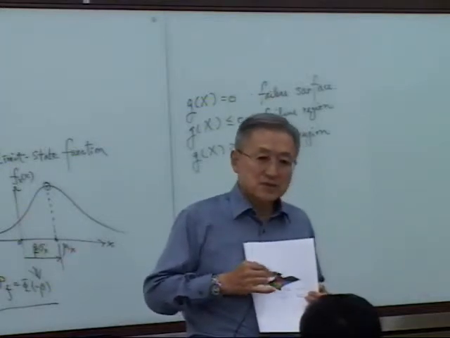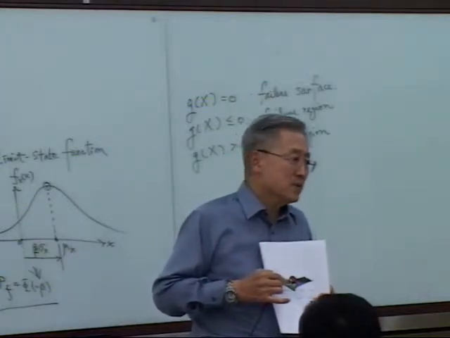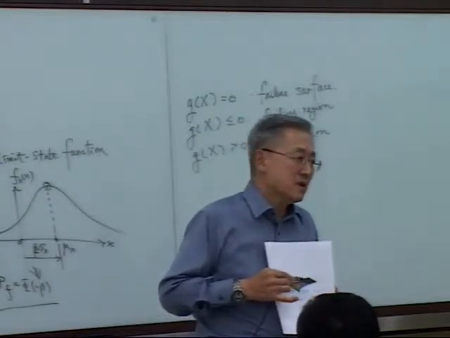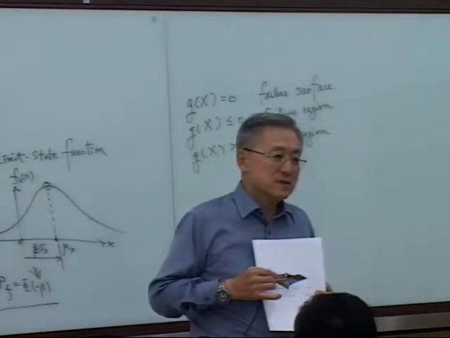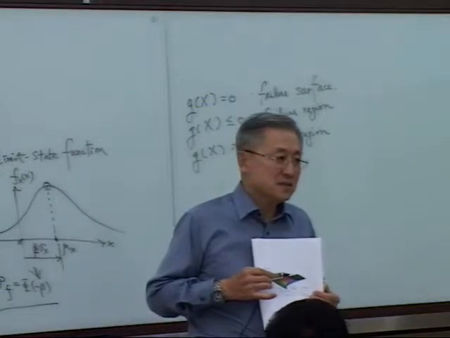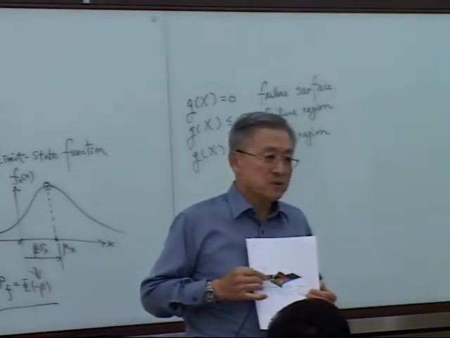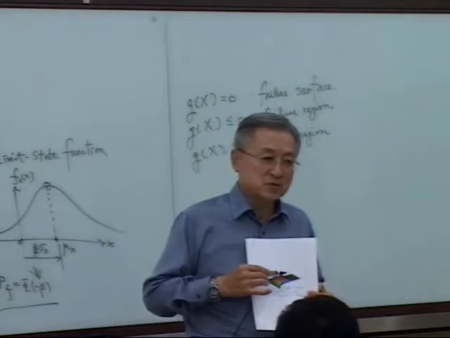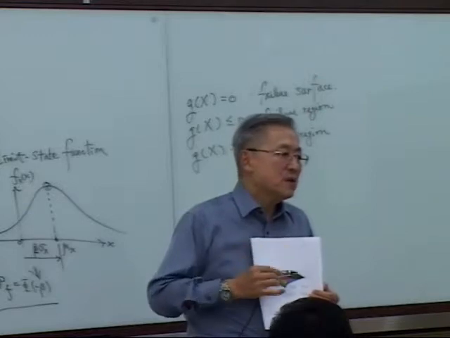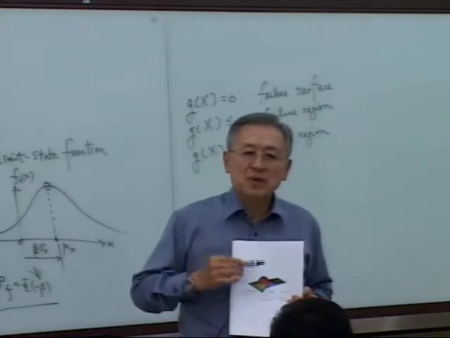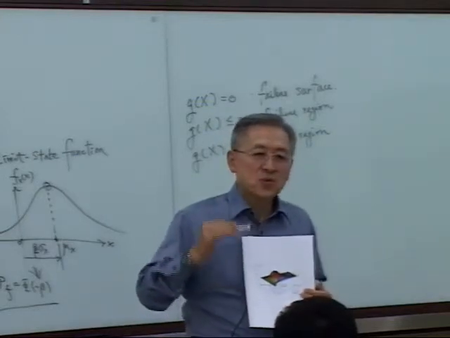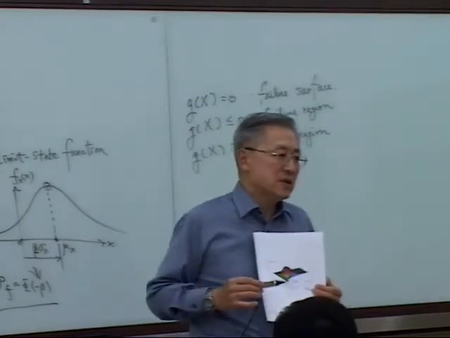Of course, this reliability or probability of survival has to be very large. Otherwise, your structure system is meaningless. So the probability of failure, especially for a structure system, has to be very small, because if the structure fails once, that's the end of it, disaster.